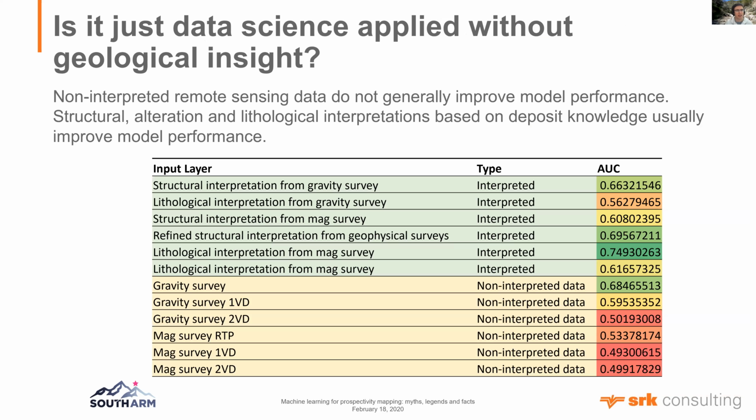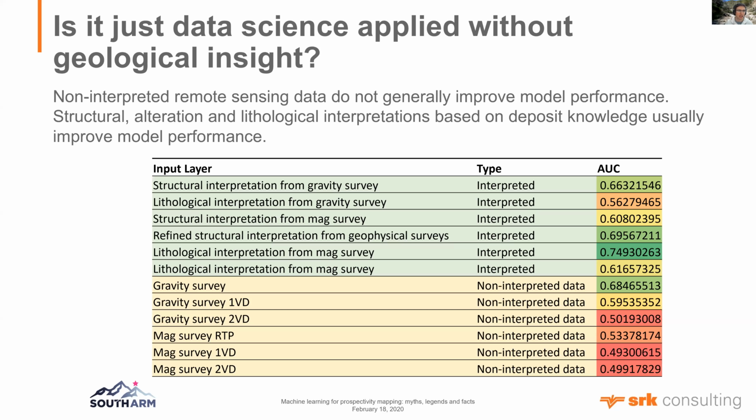These layers are in two groups. At the bottom, you have geophysical surveys, non-interpreted, just the raw data: gravity, vertical derivative, and mag, and the same thing, the vertical derivative. Only the gravity survey has a fairly high score. But when you take the same datasets, all of the above in green are from the same datasets, but they are interpreted, you have a lot more datasets with higher AUC scores.